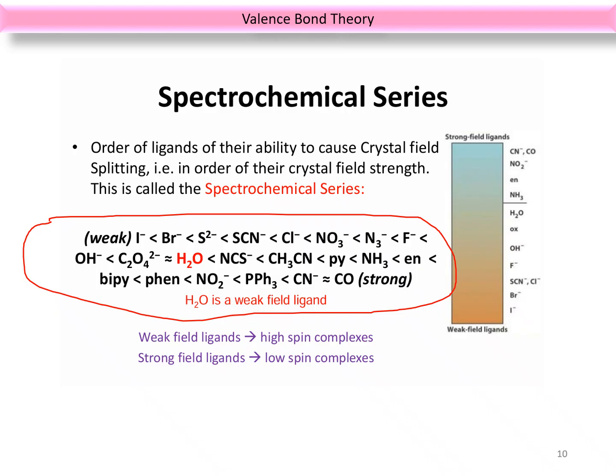The halides are usually classified in the weak range of ligands. The nitrate is also weak. The nitride and fluoride are weak. Water is also considered a weak ligand.